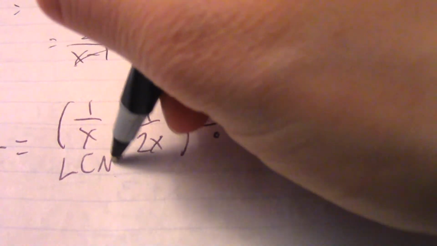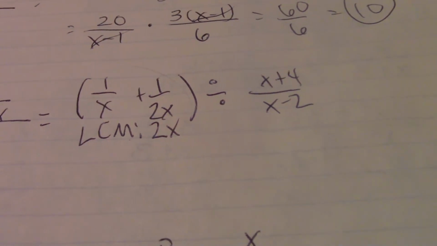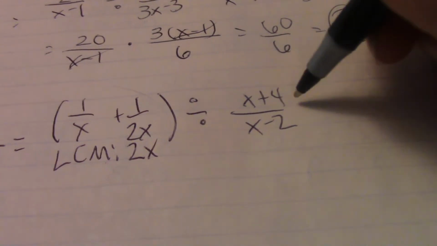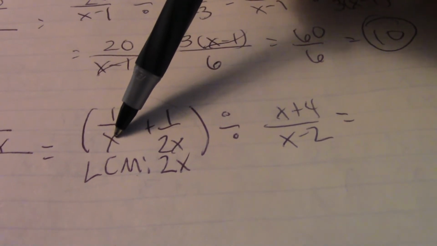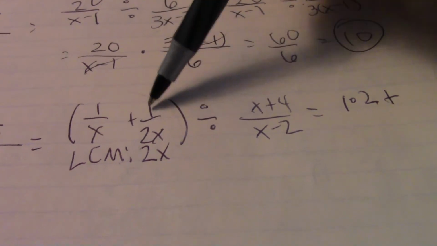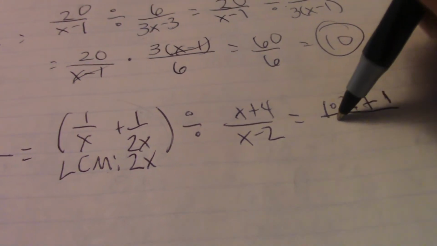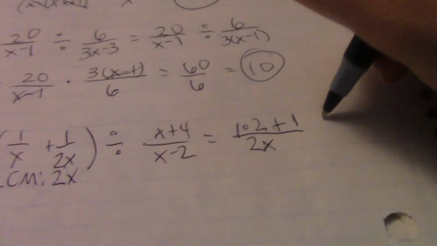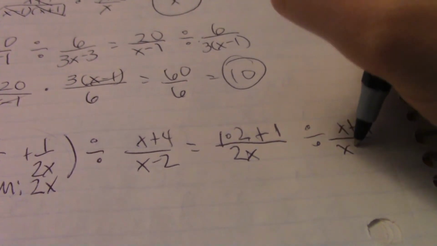So our LCM, they both have an x, but this one also has a 2, so 2x. So this has an x, it needs a 2, so 1 times 2 plus, this already has the exact same thing, so that's just 1 over 2x divided by x plus 4 over x minus 2.